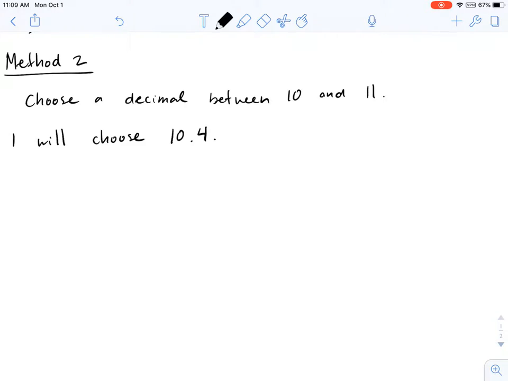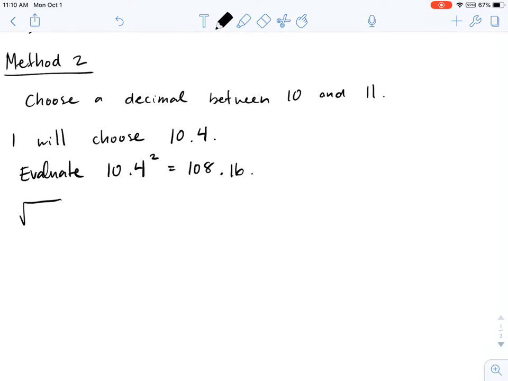So we evaluate 10.4 squared, which is equal to 108.16. So we can double check this. We want to find a number, again, that after square rooting will fall in between 10 and 11.